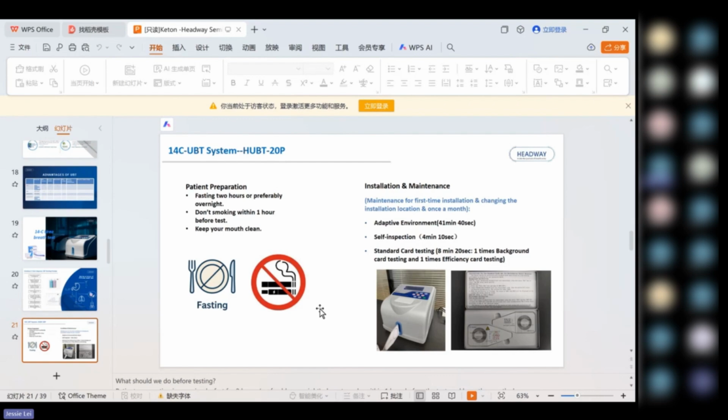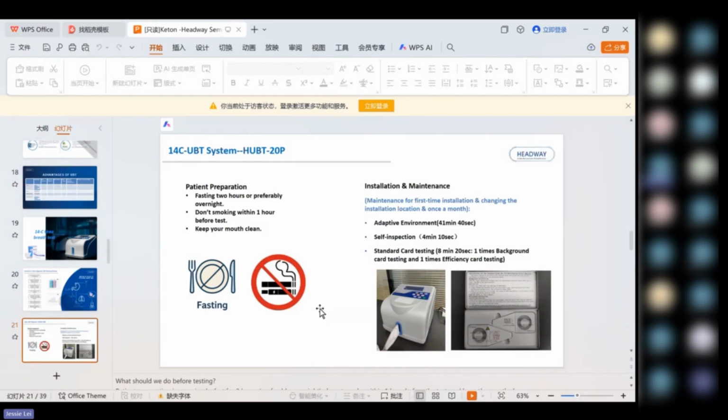So what should we do before testing? The patient needs to fast for 2 hours or, better, overnight, and not smoke within 1 hour before the test. Keep your mouth clean because your mouth has many bacteria. It may affect the test.